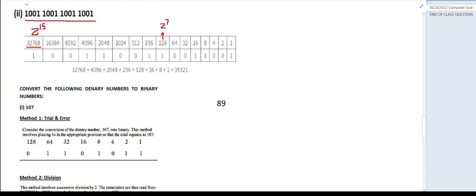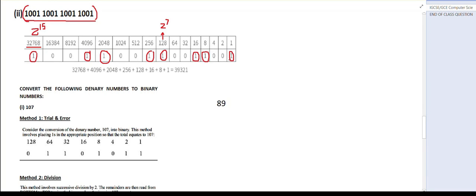Now write all 16 bits under these headings, right? Now the bits which are 1: this is 1, this is 1, this is 1, this is 1, this is 1, this is 1, this is 1, and this is 1.